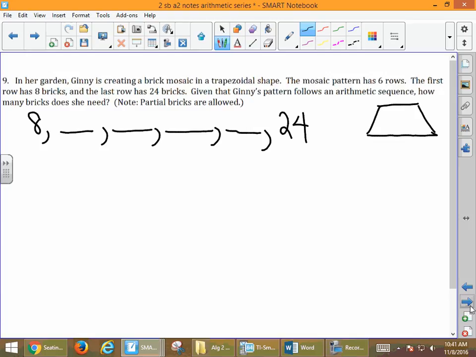But if you recall yesterday, we do want to find maybe the common difference. And actually, let's look at what we have here. We have our first value, which is 8, not 6. We have our last value, which is 24. We have our n then, which is 6.